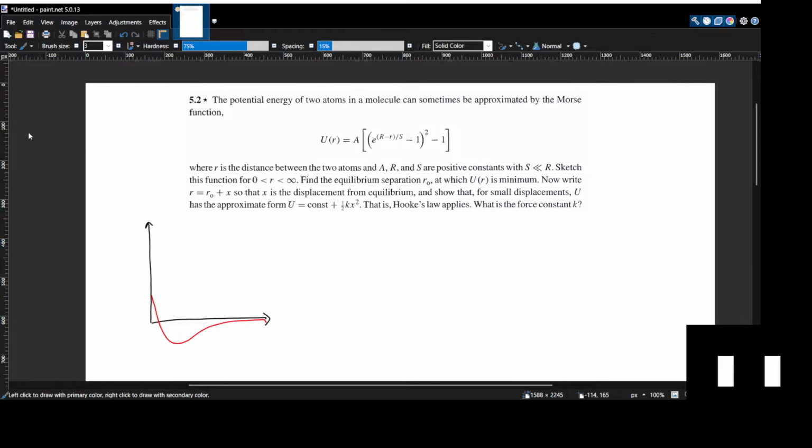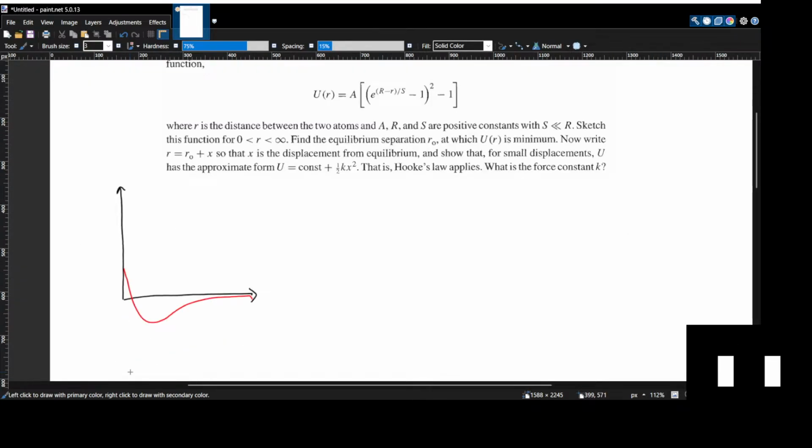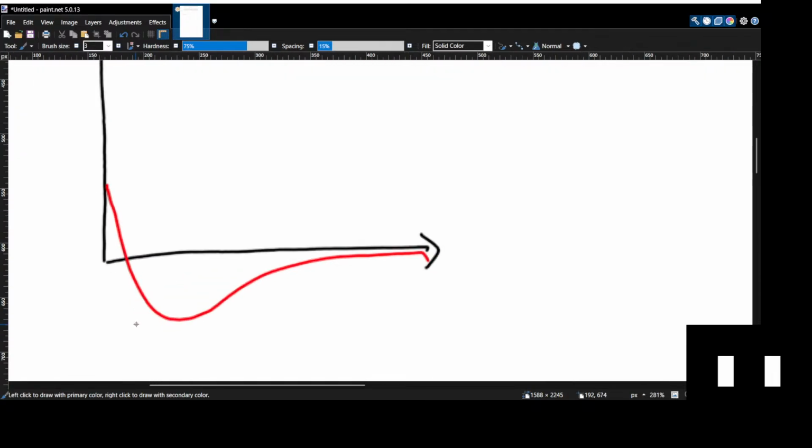So R is the distance between two atoms. Yeah, you can plot this in Desmos, this entire function. As you can see, there's this point down here that a particle can be in. It's not down there as in physically down below something.